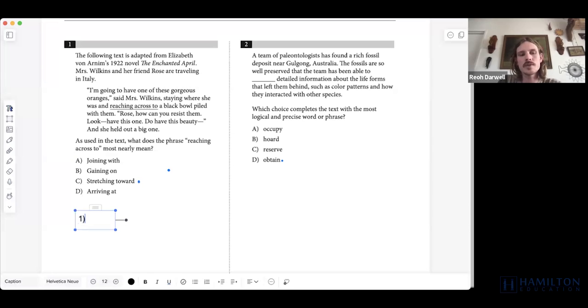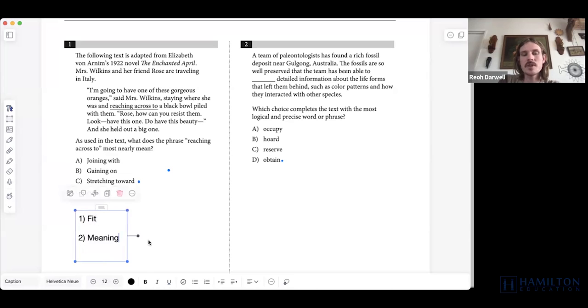We have two parameters we always want to think of in this question type. We always want to make sure we're meeting two factors of identification. One, we need to make sure it fits. And secondly, we need to make sure it has the proper meaning.